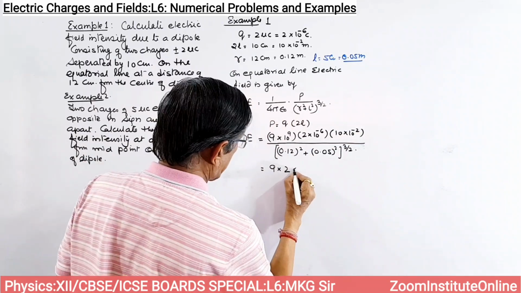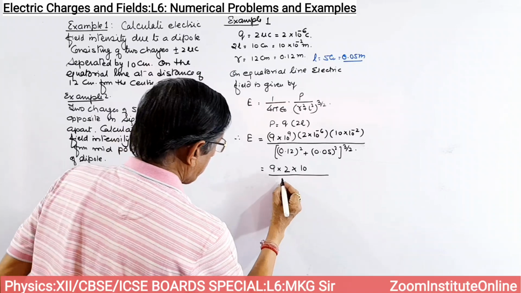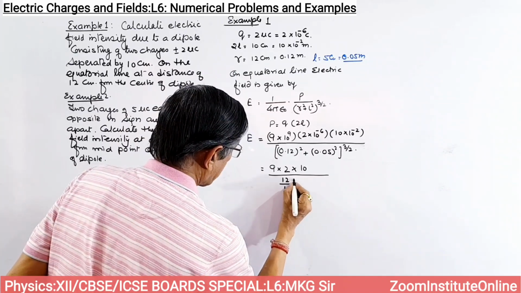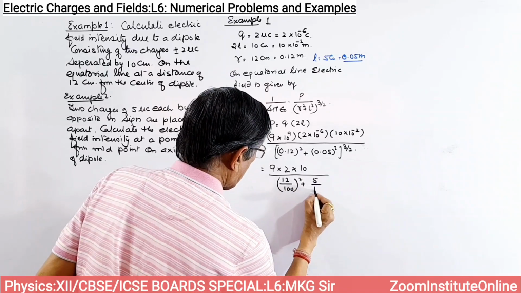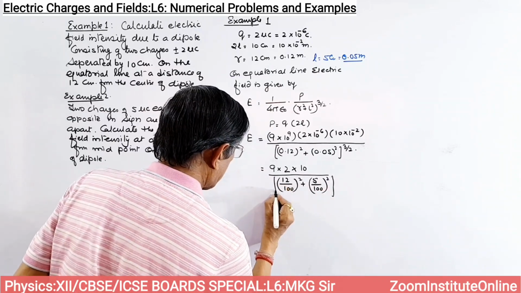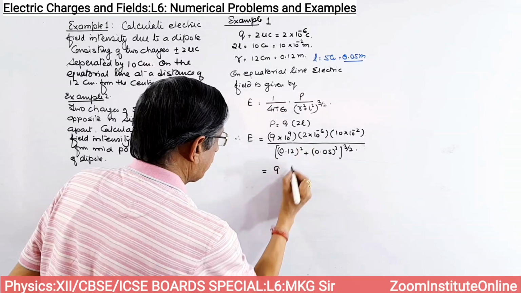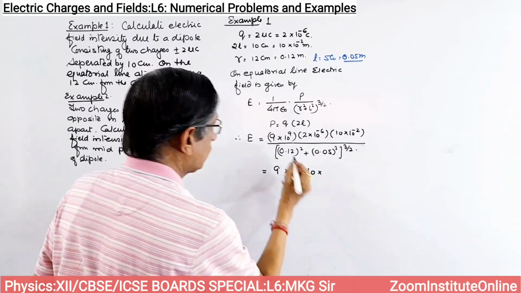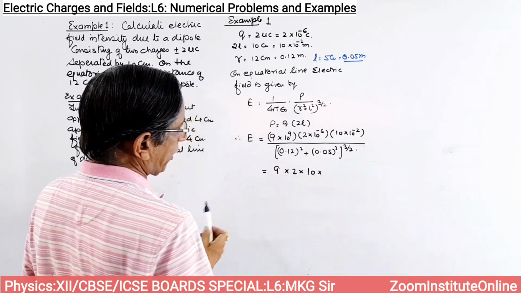So, it will remain 10 upon (12 upon 100) square plus (5 upon 100) square, whole to the power 3 by 2. Now, you can write 9, this is 2, this is 10 into, these powers are of positive sign and these minus 8 are of minus sign.